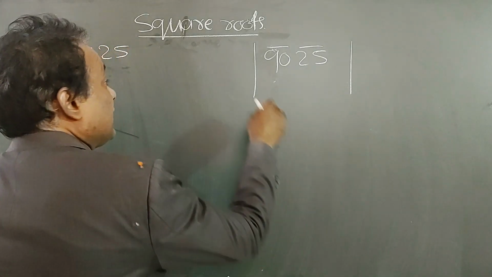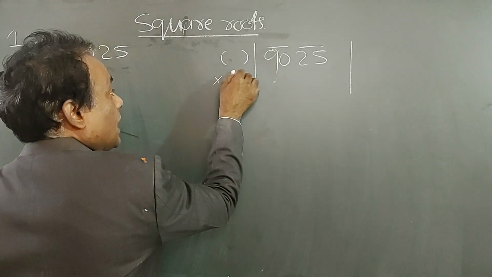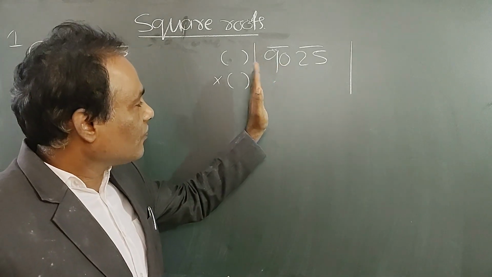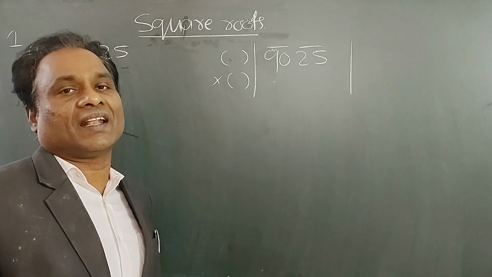Now take a number, multiply it with the same number, and we have to get very near to 90, or just less than 90.